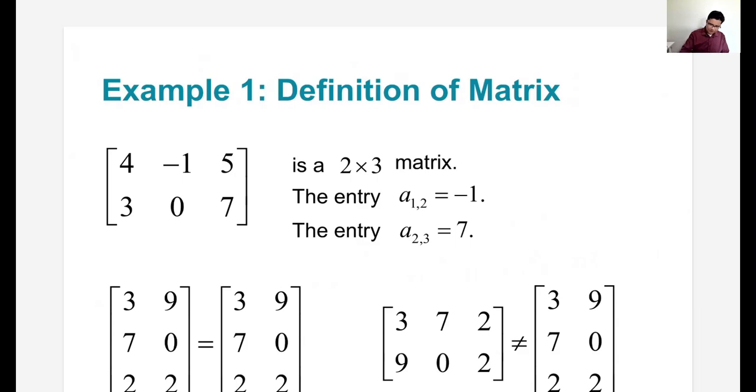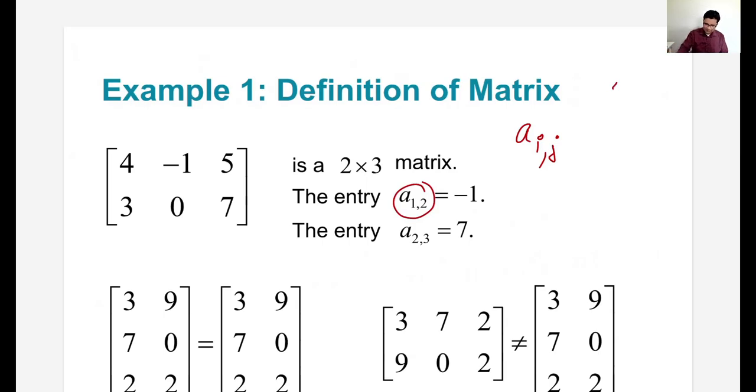So here is an example from the slides in the book. This is a 2 by 3 matrix, as you can see. There's also this convention where people separate the indices by a comma. You might have to do that especially if you have big matrices with, let's say, 12 rows and 3 columns.